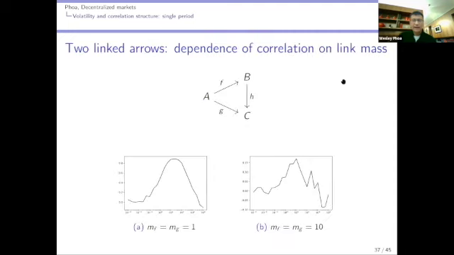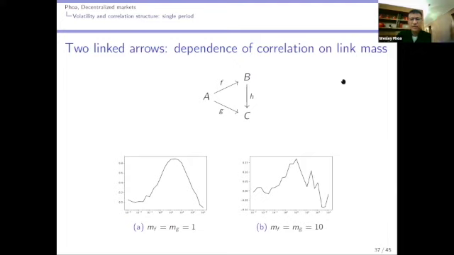Okay, let's suppose you've got three assets. You can think of A as dollars if you want to, and you've got two exchanges that you're interested in, F and G, but also the assets B and C are linked to each other. So what do you expect here?